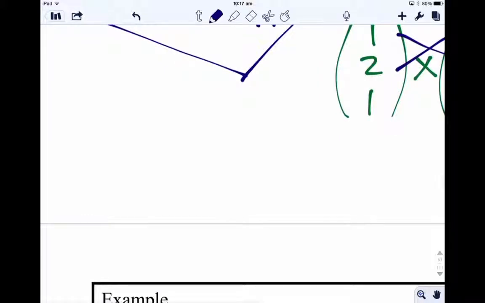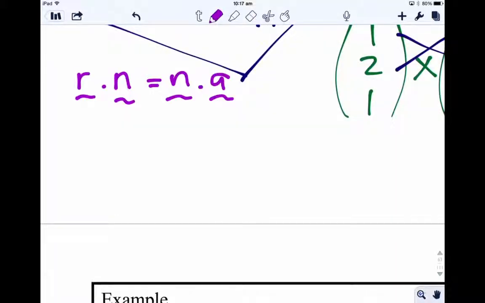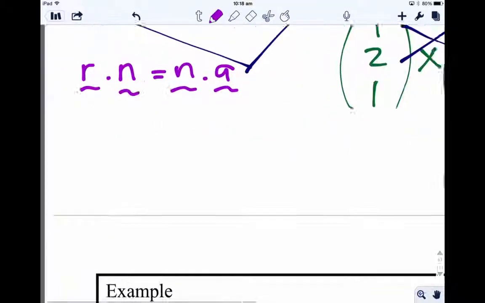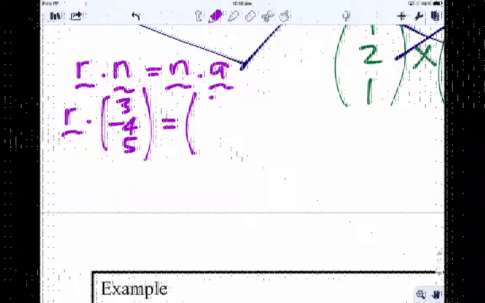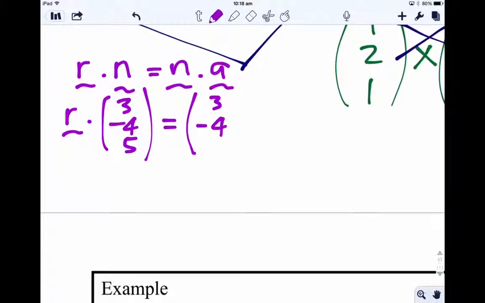So, remember the vector equation, r dot n equals n dot a. So in this case here, 3, negative 4, 5. So we've got r dot (3, negative 4, 5) equals (3, negative 4, 5) dot a.